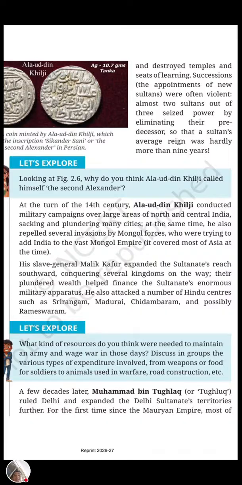Next point is regarding their clothes, the war clothes for the wearing of soldiers.